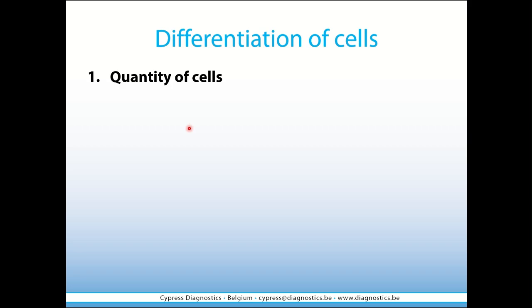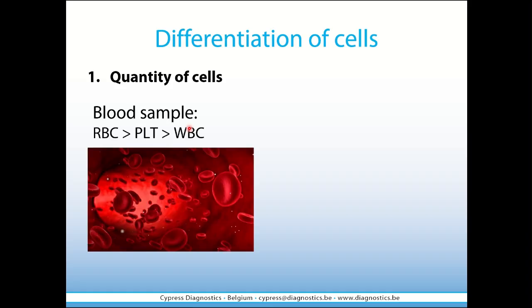Regarding the quantity of cells, we have to take into account that the amount of different cell types is different. In a blood sample, we will see that the red blood cells are more abundant than the platelets, which are more abundant than the white blood cells.